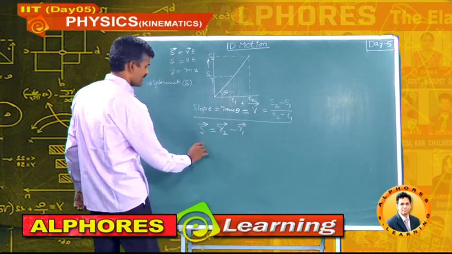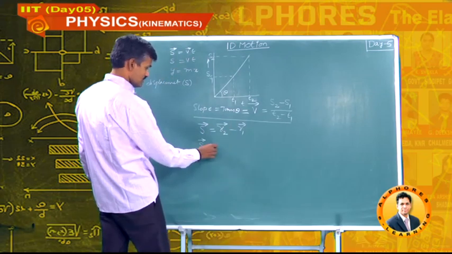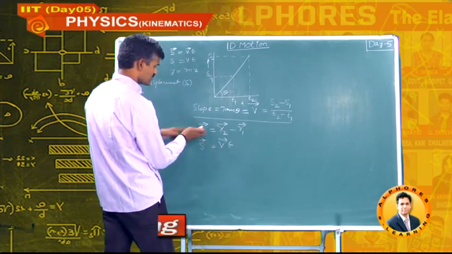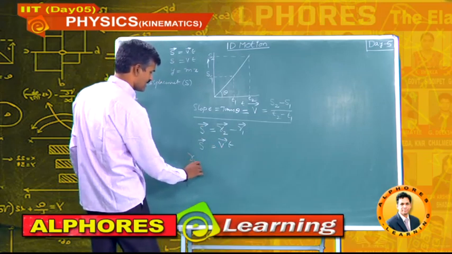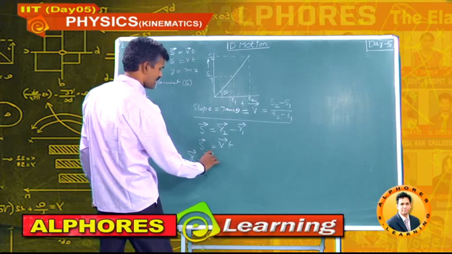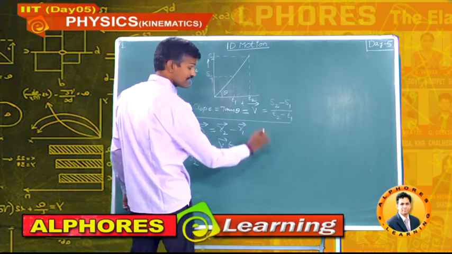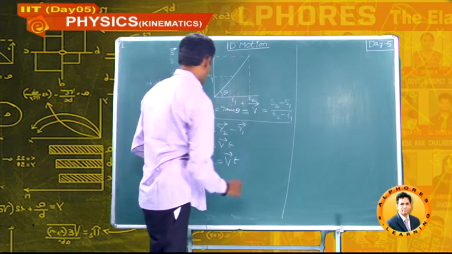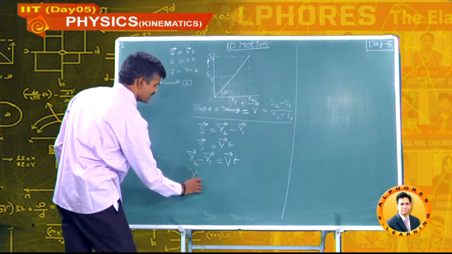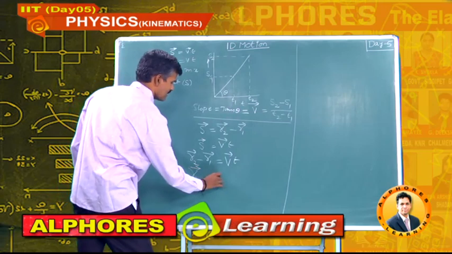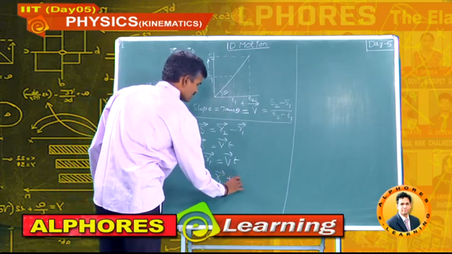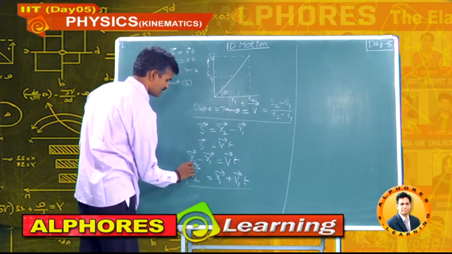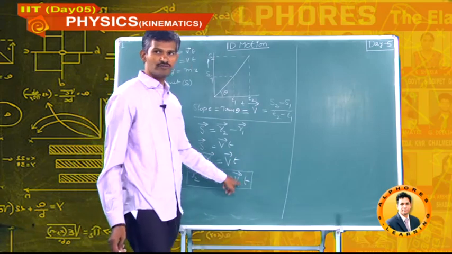So, we can write S bar equal to V bar into T. On substituting this, we get r2 bar minus r1 bar equals V bar into T. So, r2 bar is r1 bar plus V1 bar into T.